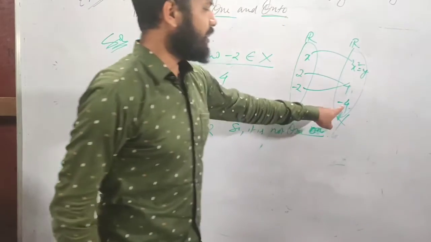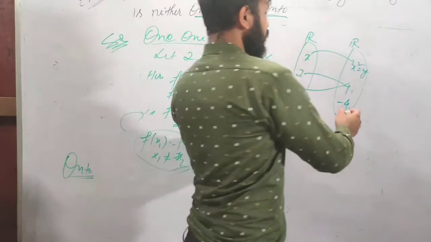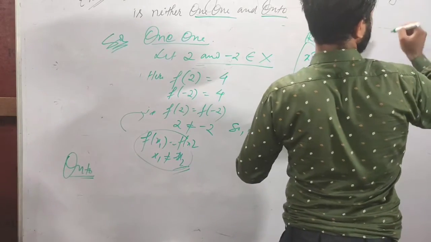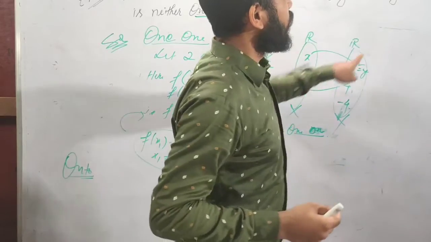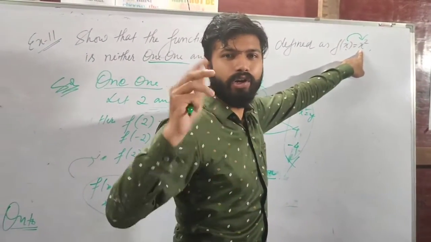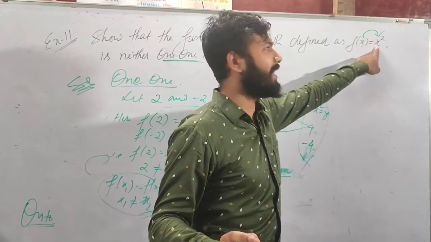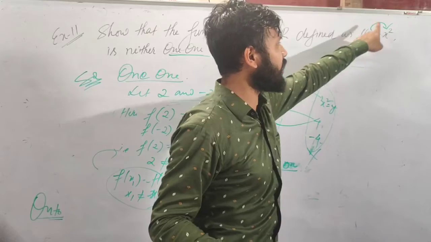Now you tell me, can minus 4 have any pre-image? Because the pre-image is x, and the image will be x square. Now just think, does the square of anything give you a negative number? We already know from class 7 onward that the square of anything will be positive. If I take minus also, it will be positive.